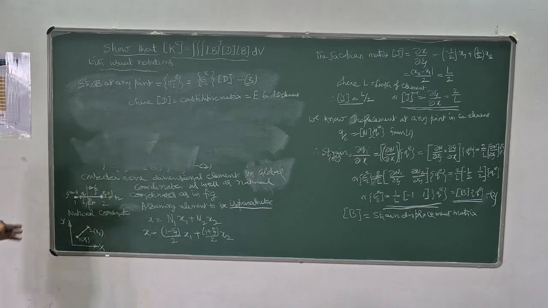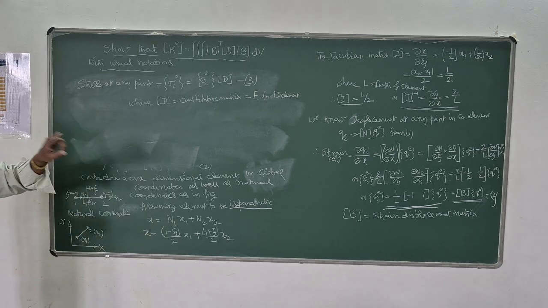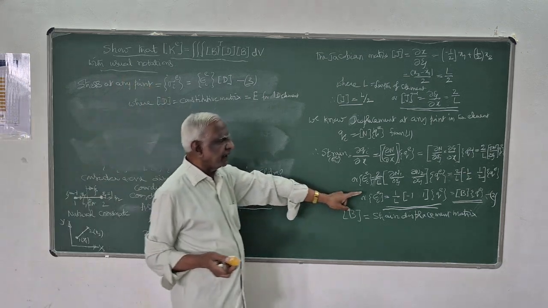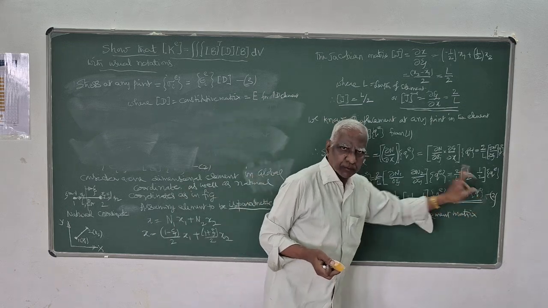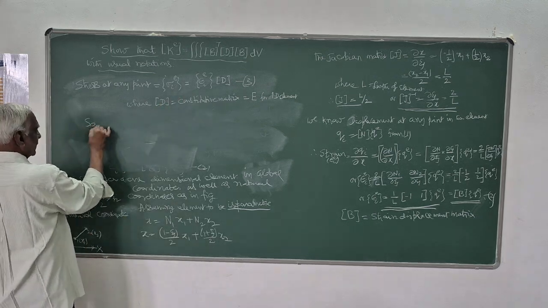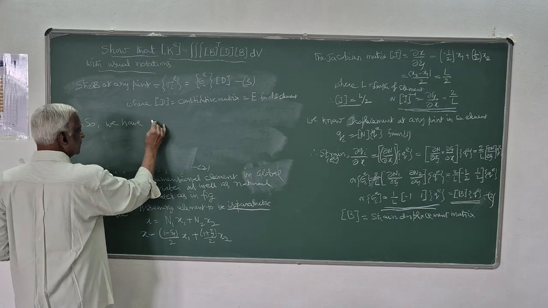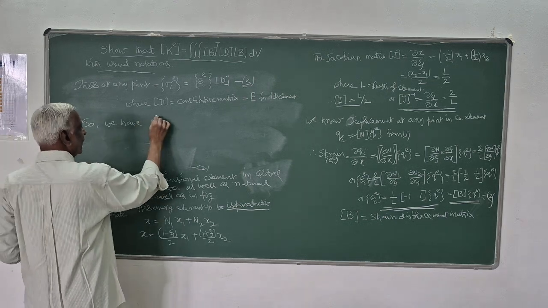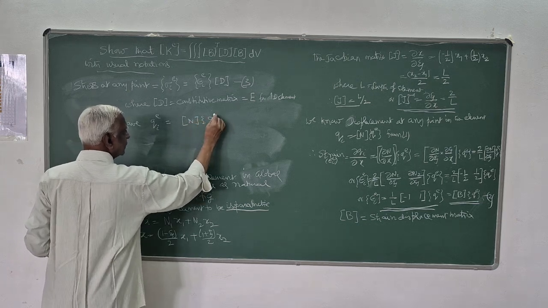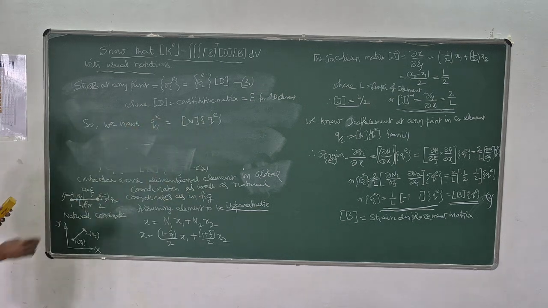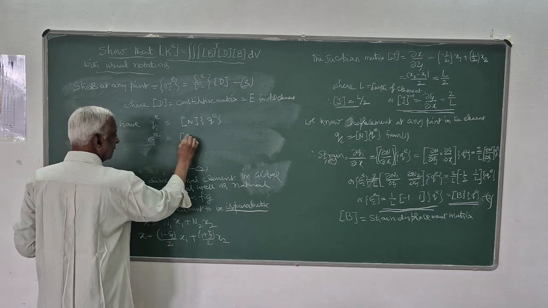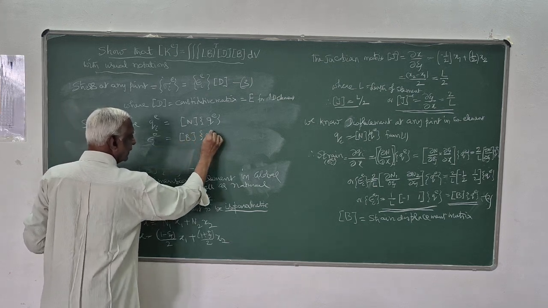So this is relationship 3. So we have 3 relationships now. Q at any point of the element is equal to N into QE. Strain at any point of the element is given by B into QE, and stress is given by D into epsilon I. So we have the general relationships: Q at any point is given by N into QE, the nodal element displacement, and epsilon I is given by B into QE.